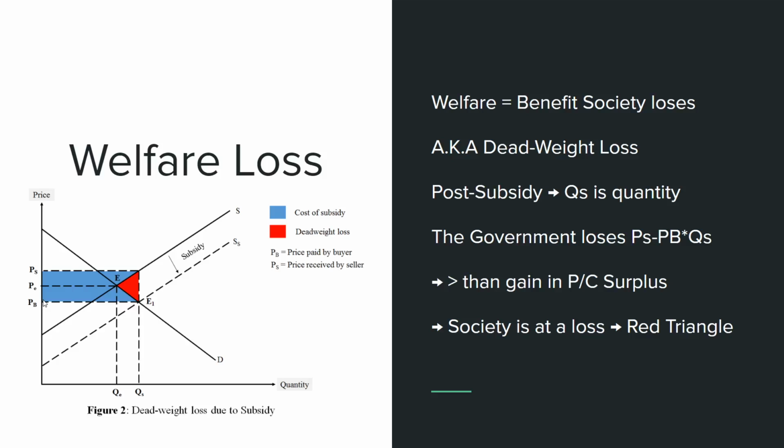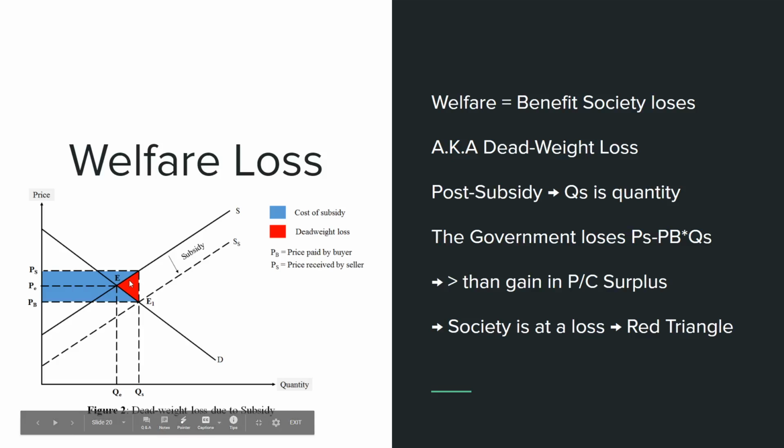But the gain in producer surplus and consumer surplus is only these blue regions. So they don't gain this red region here. What this means is that the government loses more than what the producers and the consumers gain. And so this represents a loss. What society loses due to this quantity is the red triangle.